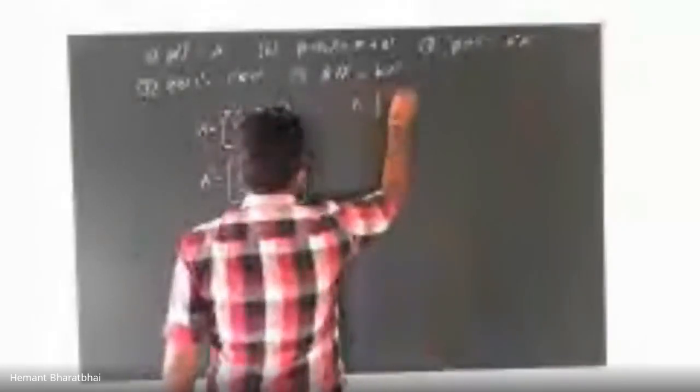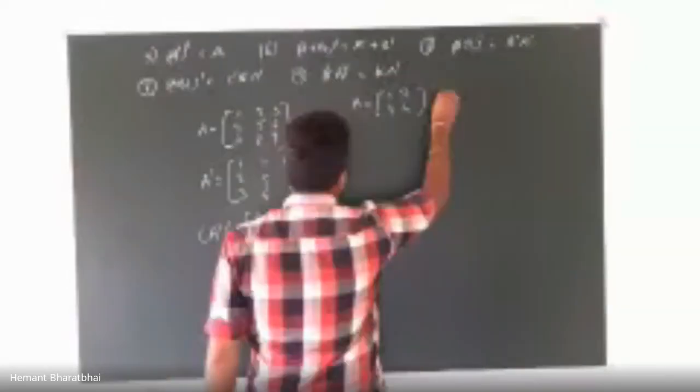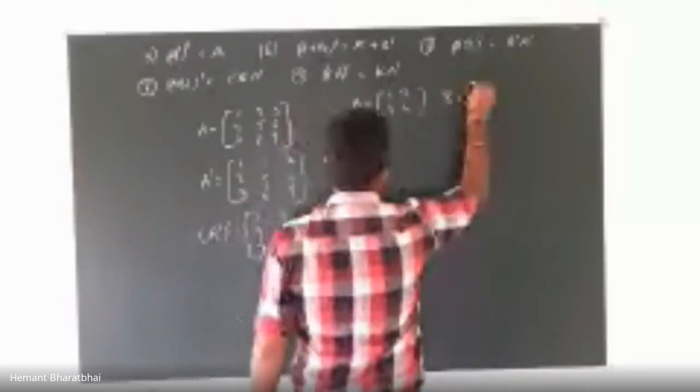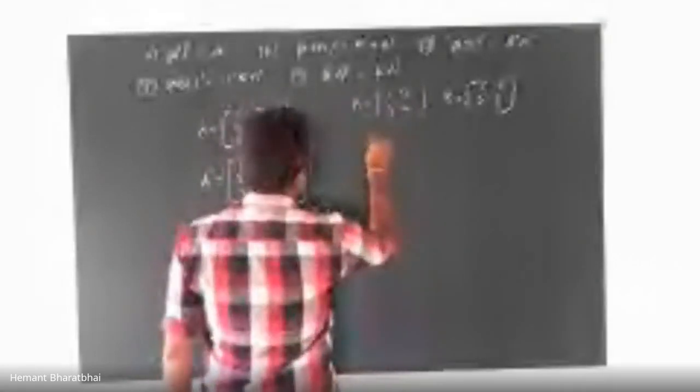Okay, let's prove this also: A plus B. So let me take two matrices, A as 1, 2, 3, 4 and matrix B as 5, 6, 7 and 8. Let me take the LHS first.